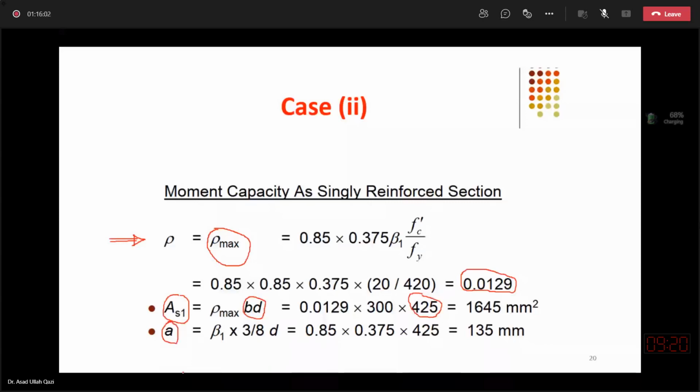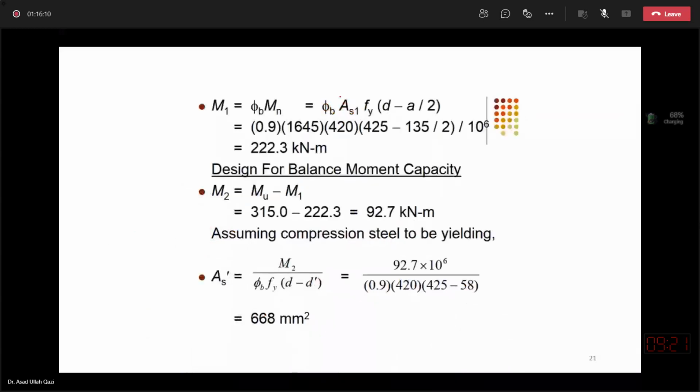I am calling the moment equation because I am using rho max; based on that calculated area of steel A, I am allowed to use 5.9 and I got the capacity of that section, which makes a couple between steel and concrete, a value of 222.3 kilonewton meter.